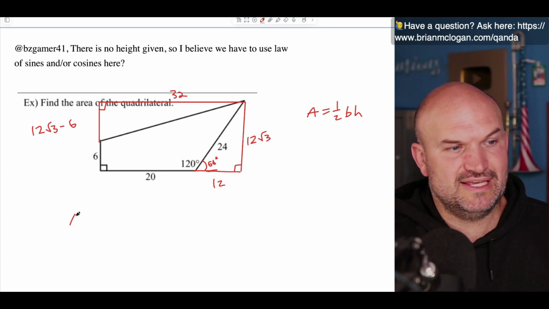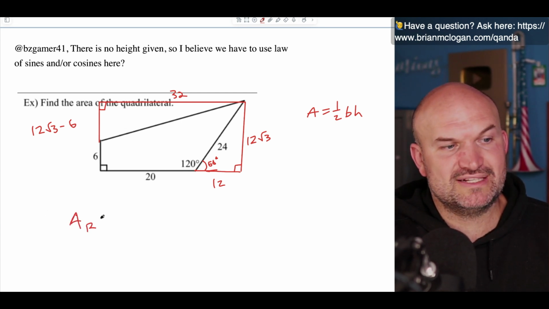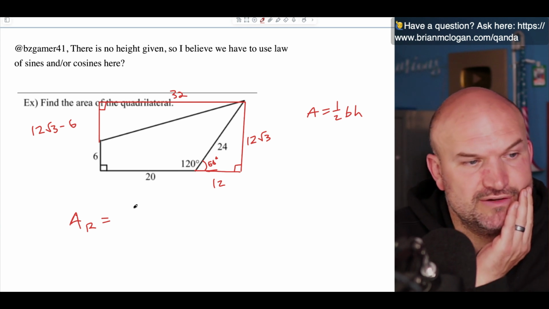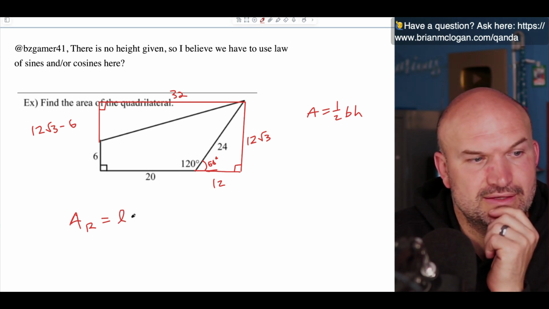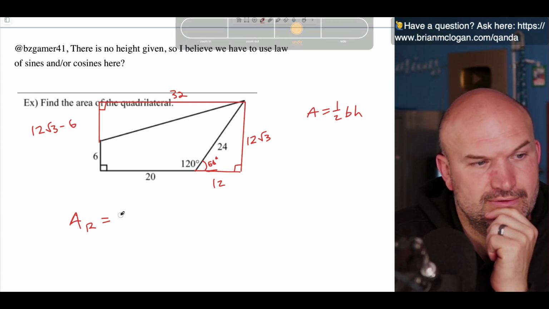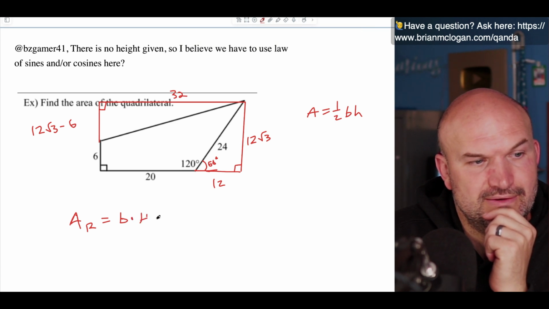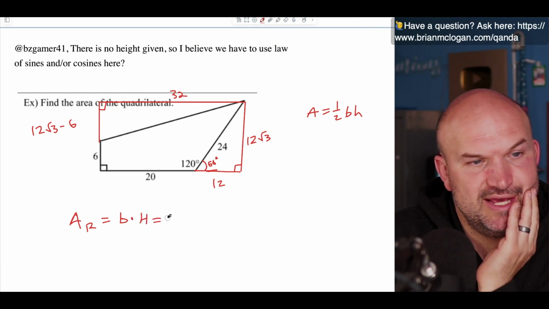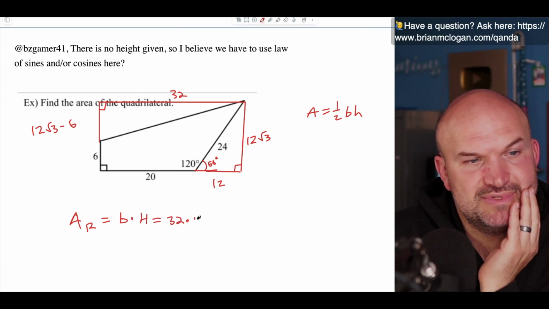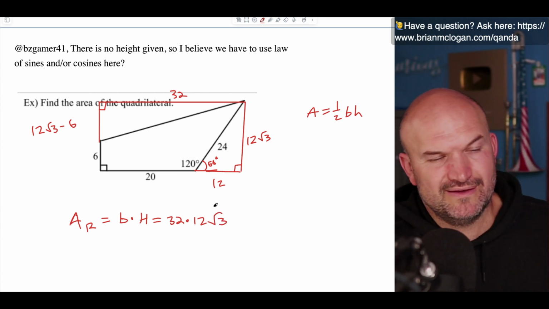All right, so let's find the area of the rectangle. The area of the rectangle is just base times height, which in this case is 32 times 12 square root of 3.